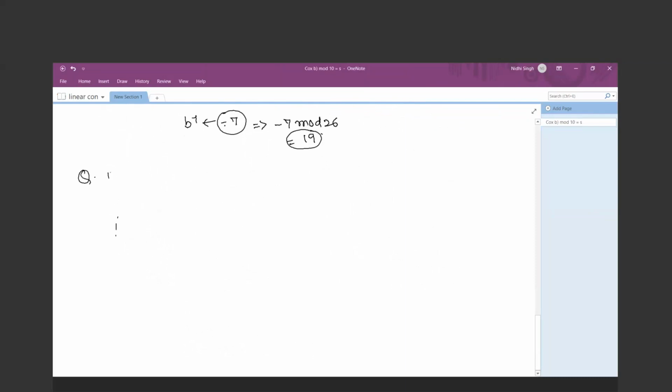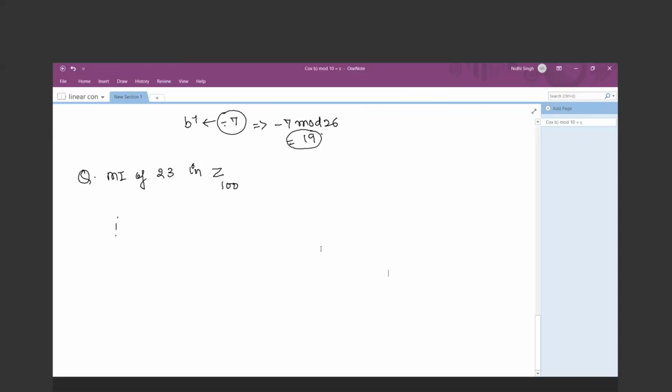Now question for you. Find the multiplicative inverse of 23 in set of residues Z100. Now I am invoking the chat. You can calculate and tell me the answer. Just wait a minute. Yes, calculate and tell me the answer.